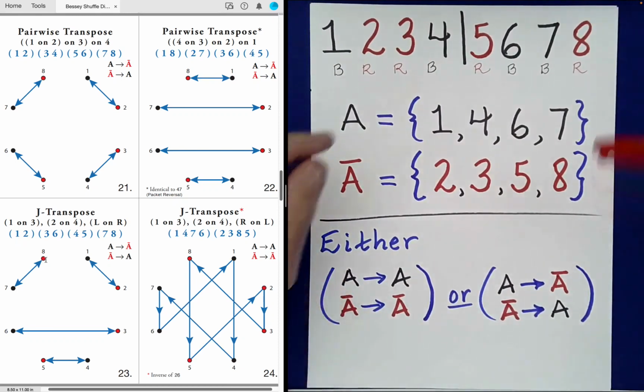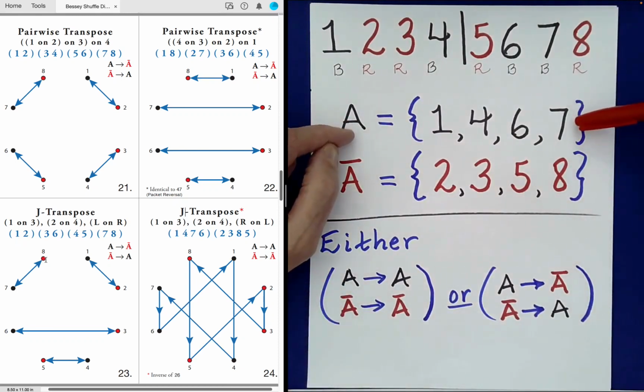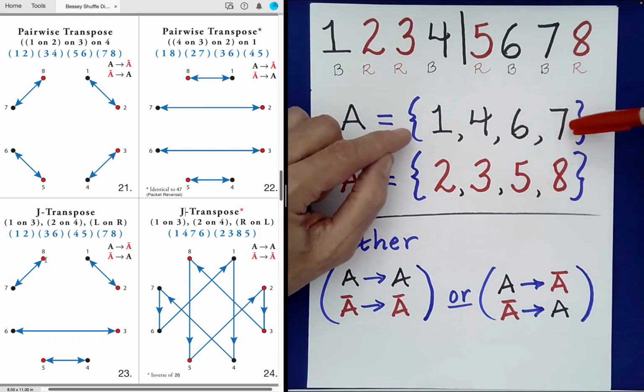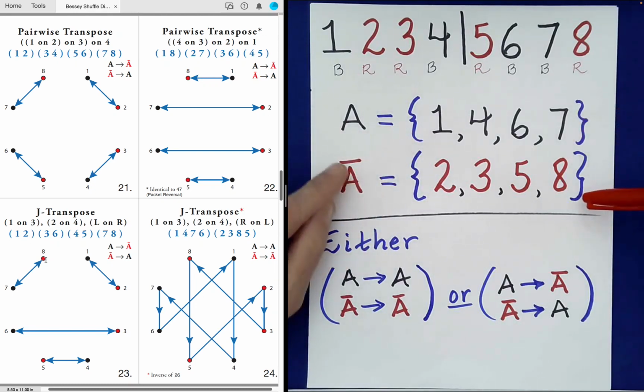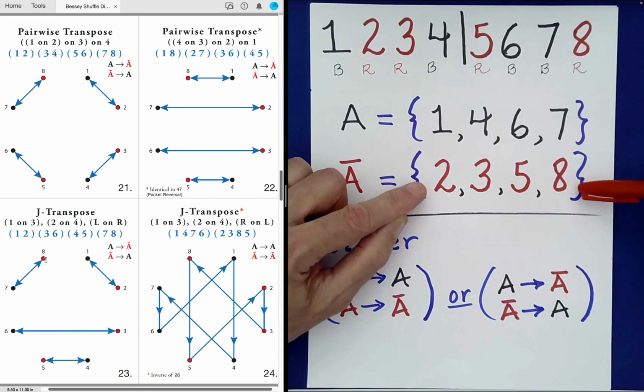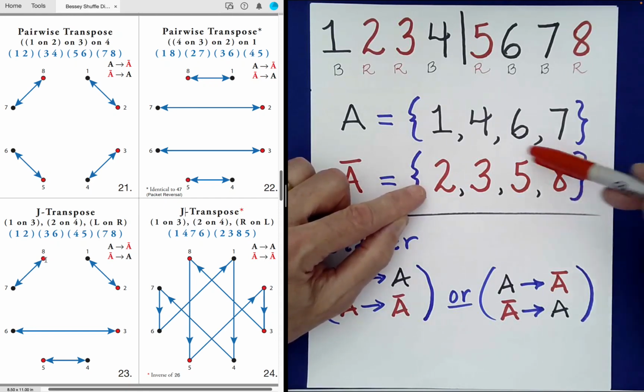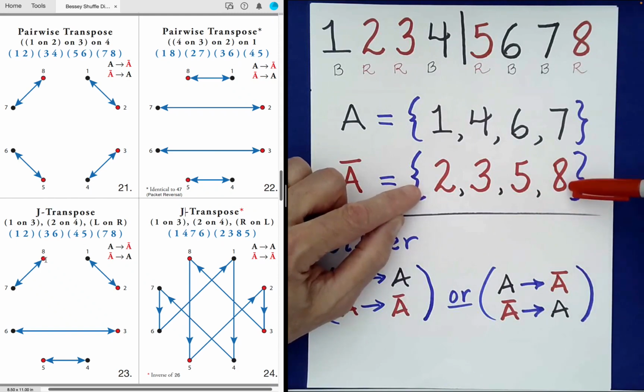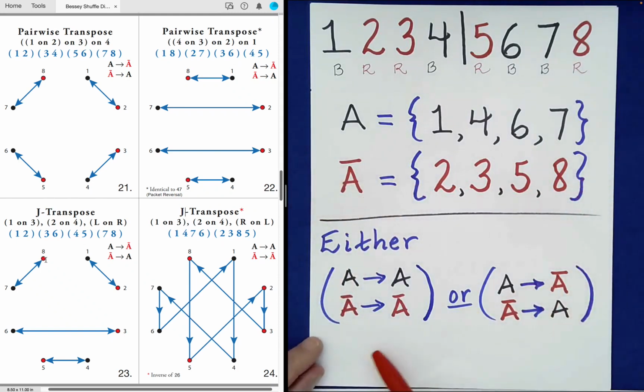To see that clearly, the 4 cards that began in positions 1, 4, 6, 7 stay somewhere in that set of position values 1, 4, 6, 7. Similarly, for the complement, the cards that originally began in positions 2, 3, 5, 8 will stay somewhere within that set of position values 2, 3, 5, 8. So we're looking at this outcome right here.